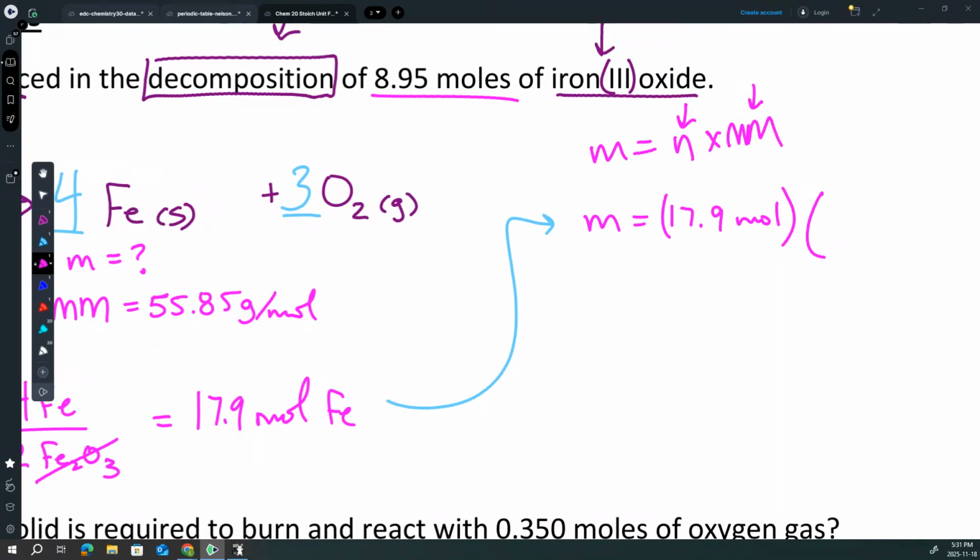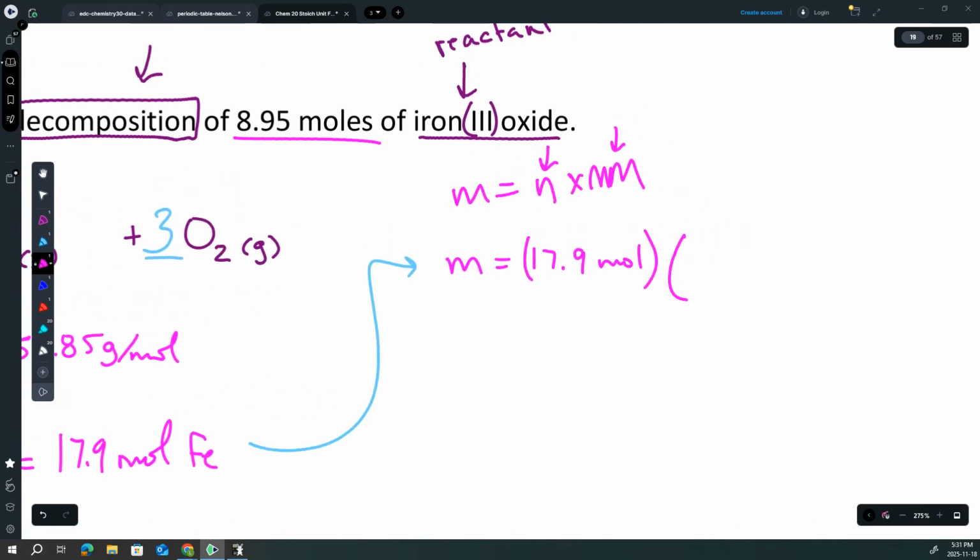That's why I insist that you write out the identity of your substance so that you never lose track of what you are talking about. Because oftentimes I find students just get some blinders up when they start dealing with questions and just number crunching, and they forget the actual substance they're working with, and then they used the wrong molar mass.